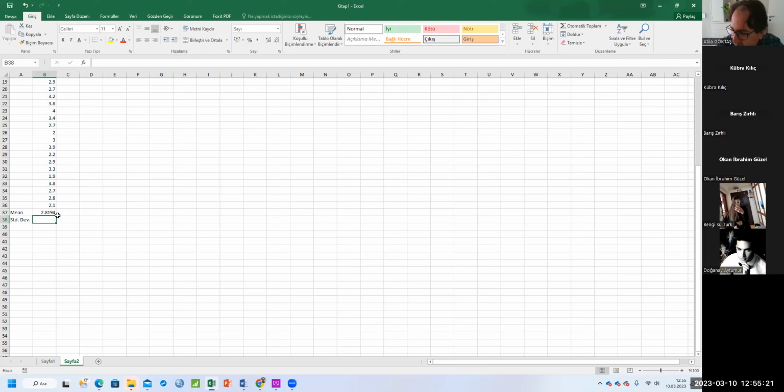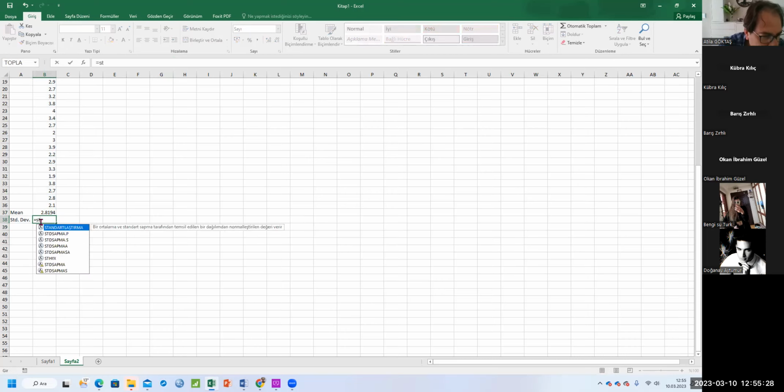And the standard deviation, I can easily write a function for it. If you're using a Turkish version, this would be STDSAPMA. Dot S tells you this is for a sample standard deviation. If you select the previous one, dot P, it will be the population standard deviation.